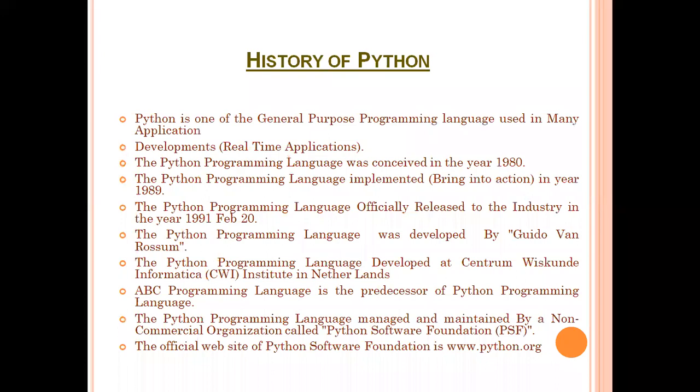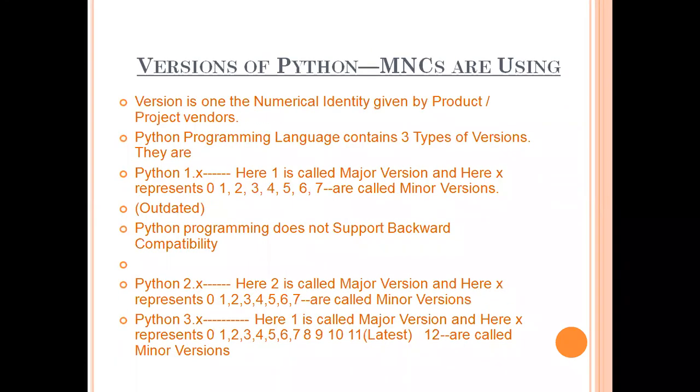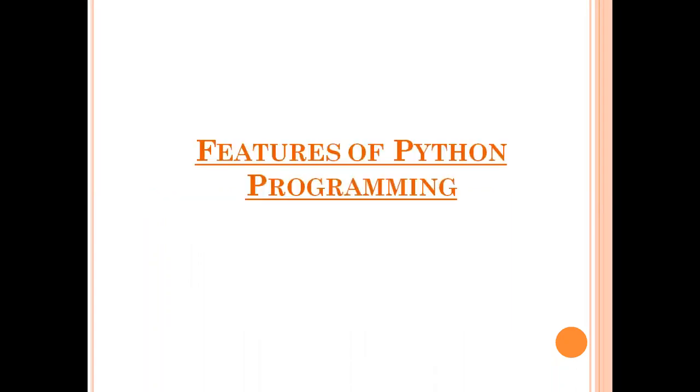Now we were talking about the history of Python. As I've told you, these are the versions of Python, and we can download version 3.11 from www.python.org. I've shown you that also. Now, what are the features of Python?